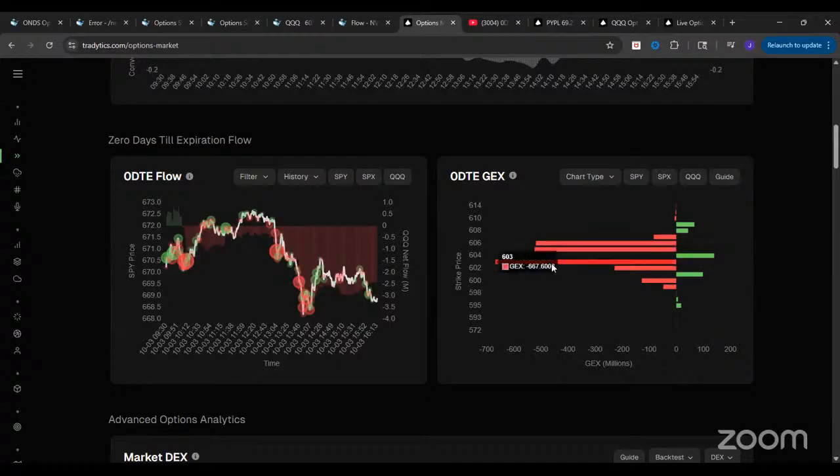The 603 was bigger, so most likely this is a stronger pull. It's pulling the price strongly, so most likely it's going to go to 603. But again, you watch the price action, see which way it's heading, and then you take your trade from there. Understood.